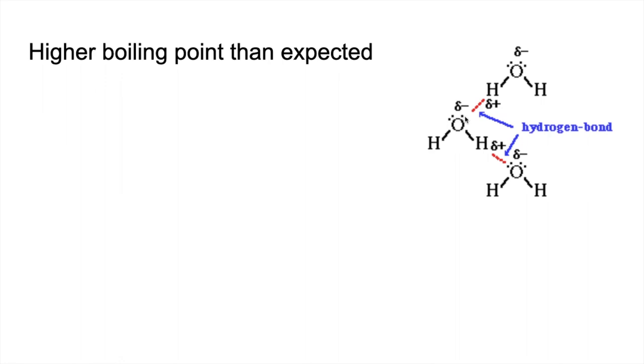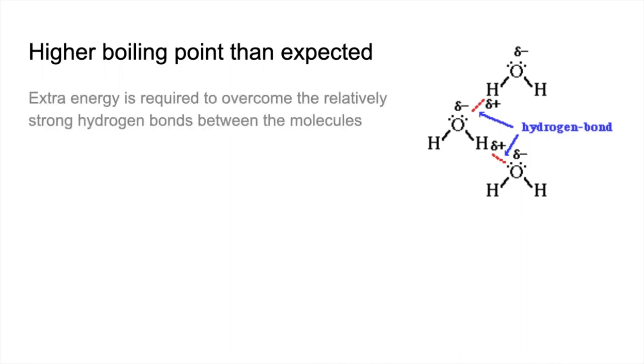Got lone pairs on the oxygen, and the hydrogen bond is shown as an attractive force between the lone pair on the oxygen and the hydrogen of a neighbouring H2O molecule. So the higher boiling point is due to the fact that extra energy is required to overcome these relatively strong hydrogen bonds between the molecules. So to boil water, we've got to overcome these hydrogen bonds.